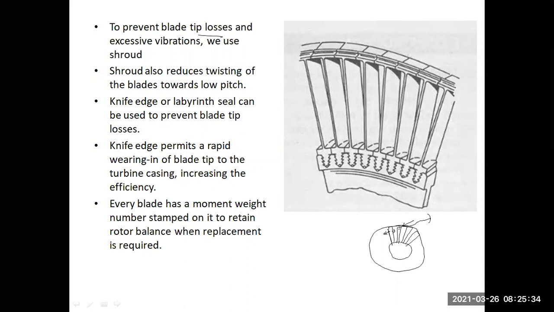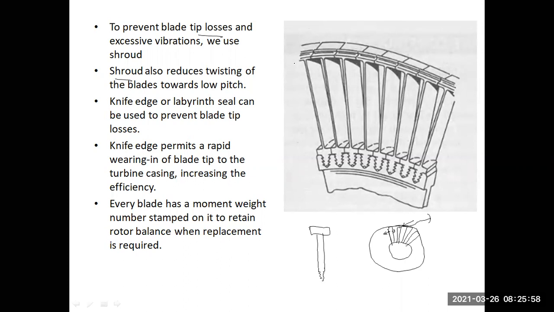So what I will do is I will put a shroud. Okay, this one. Can you see this, heavy mass at the tip of the blade. So this is my turbine blade, and this is my fir tree attachment at the bottom. And at the tip, I will keep a heavy mass. This heavy mass is called a shroud. This shroud will reduce the twisting effect.